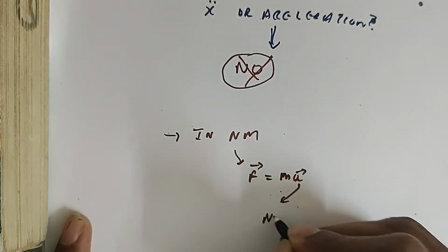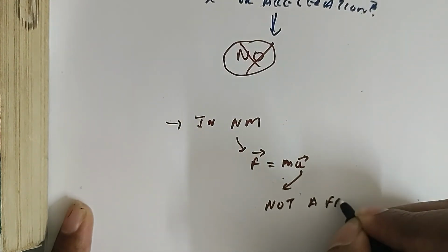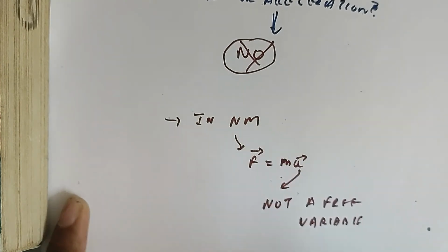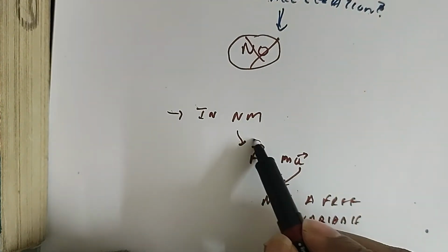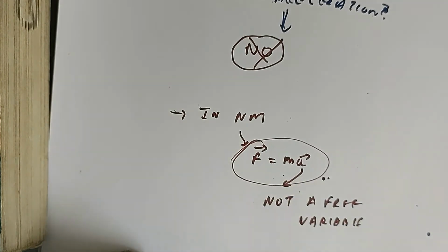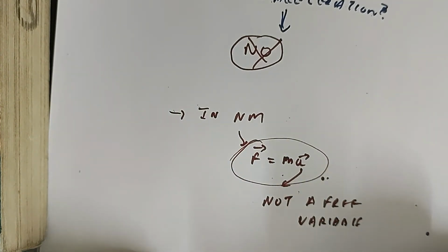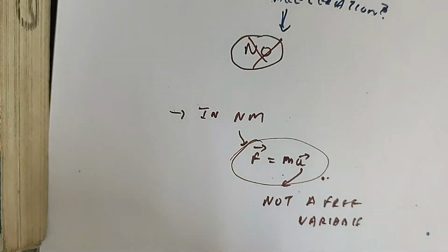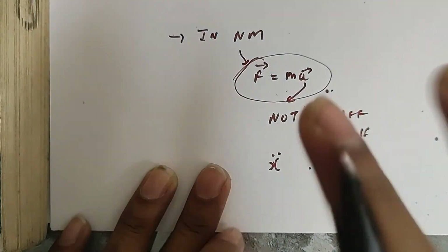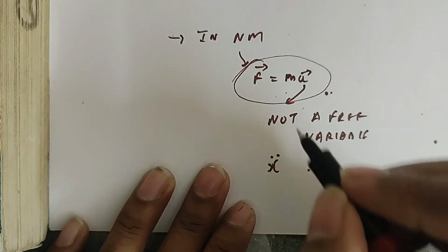The acceleration is not a free variable. The forces in the system actually predetermine x double dot. What do I mean by it? Let me explain that also.